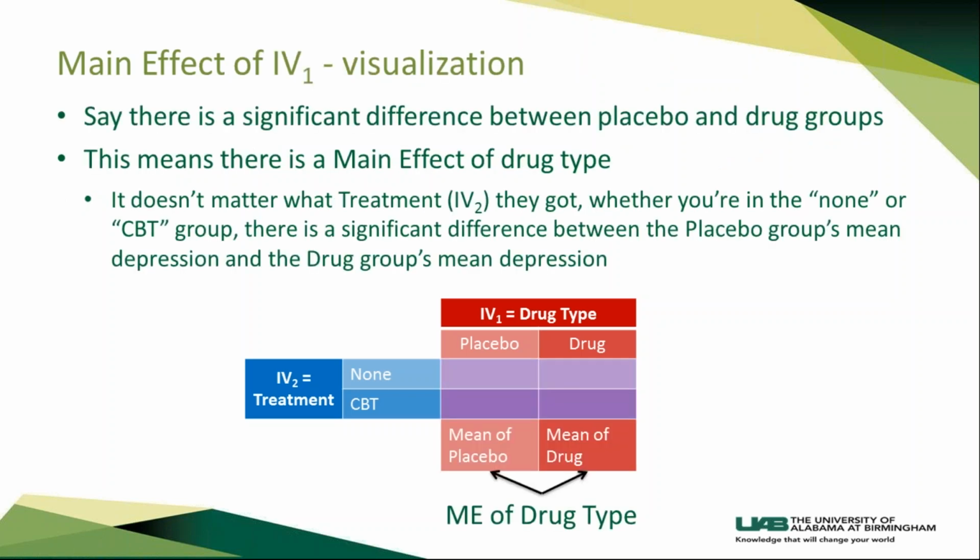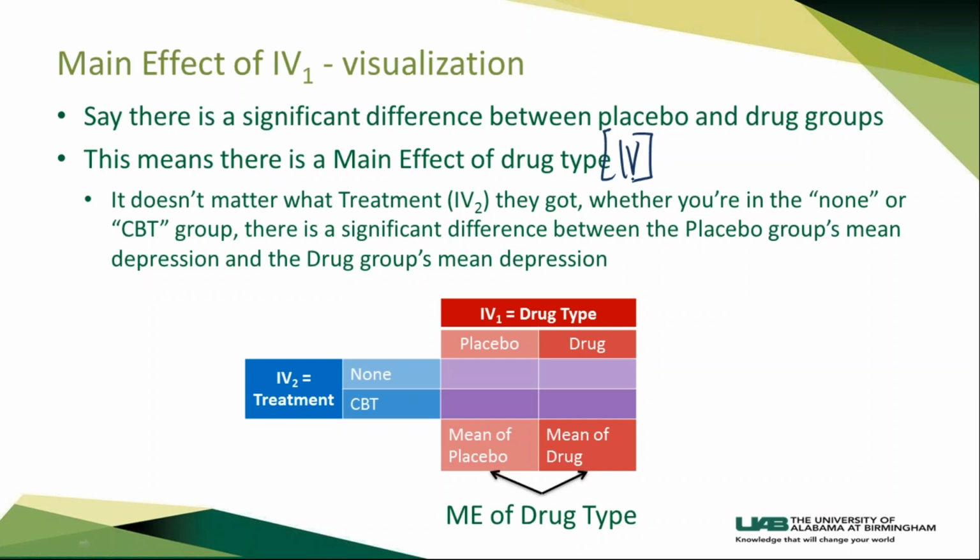And when we say there's a main effect of that drug type independent variable, or what we're calling independent variable 1, basically that's saying that there's a significant difference between the placebo and drug groups. So we say there's a main effect of that IV. Now, this means you're basically doing this ignoring the second independent variable.